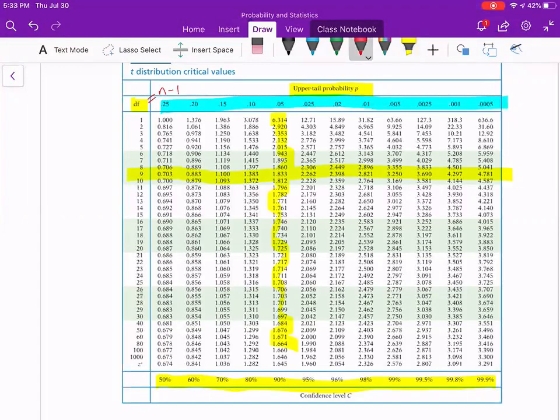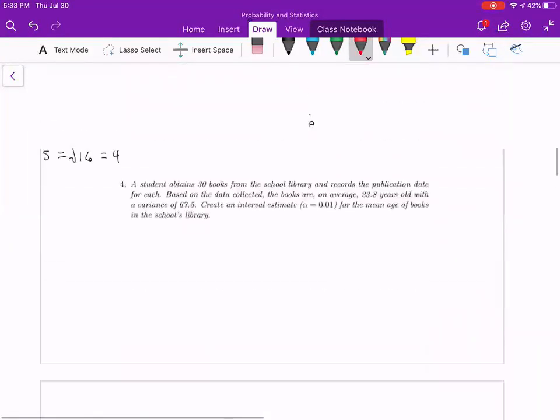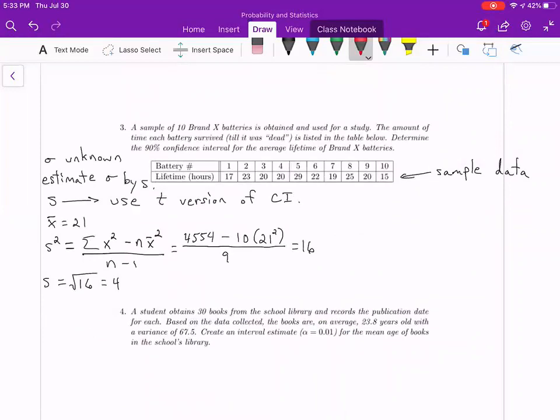And I look for the intersection, and I see in the 9 degrees of freedom row, I find that value in that row in that column. That is my critical value, 1.833. So that's what I'm going to take. That's my T star. It's 1.833. Now I have everything I need in order to get my upper and lower bound.